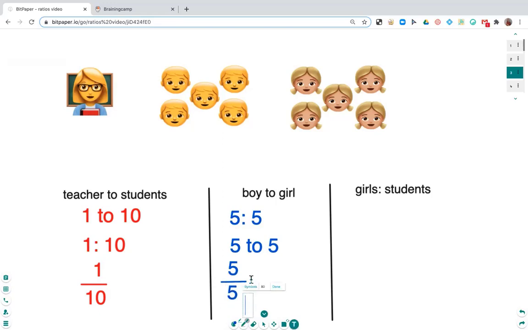Now, since we know that the fraction bar really means division, this really means 5 divided by 5. Well, if we know 5 divided by 5, we know that this is actually a ratio of just 1 to 1.